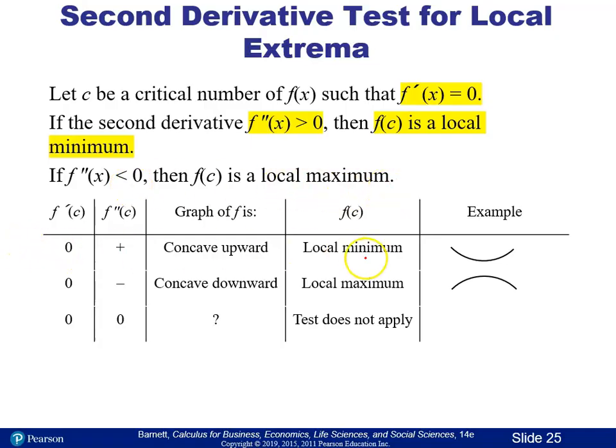So this kind of summarizes it. If the first derivative is 0 and the second derivative is positive, then we have the local minimum. If the first derivative is 0 and the second derivative is negative, it's concave down, so we have a local maximum. But if the first derivative is 0 and the second derivative is 0, we actually can't apply the second derivative test.